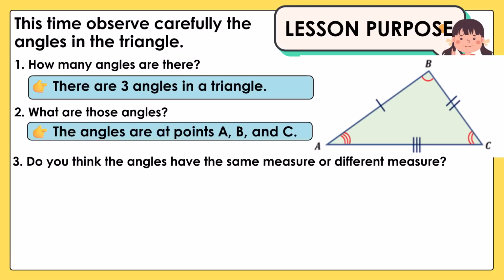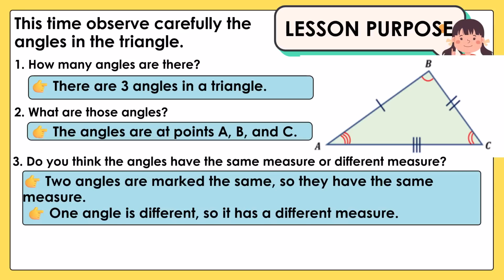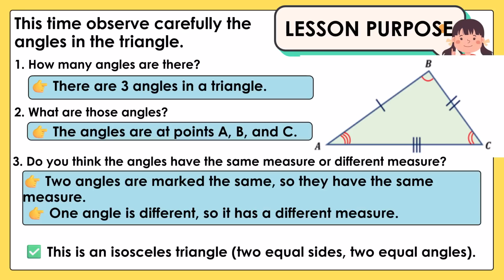Do you think the angles have the same measure or different measures? The answer: 2 angles are marked the same, so they have the same measure. 1 angle is different, so it has a different measure. This is an isosceles triangle with 2 equal sides and 2 equal angles.